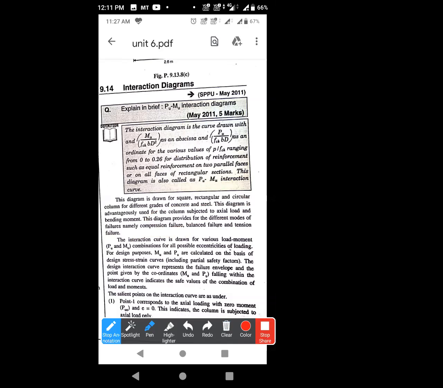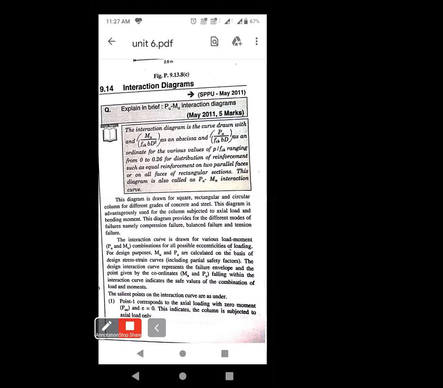The interaction curve which is given to you for the purpose of design is possible for every eccentricity; whichever eccentricity value is coming, it is used for all possible eccentricities of loading. See what the salient points on the interaction curve are, as under.